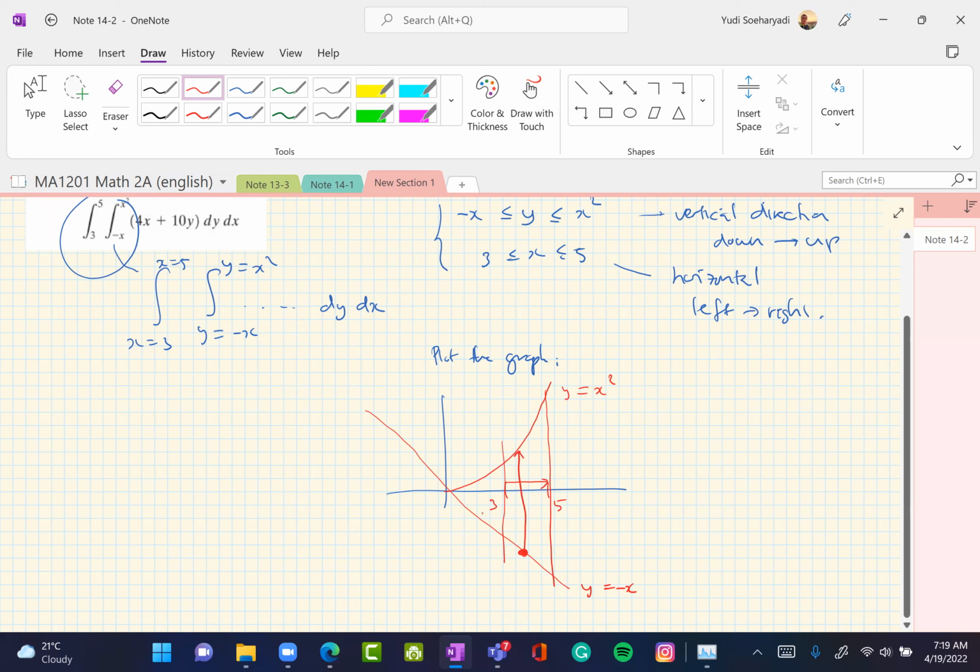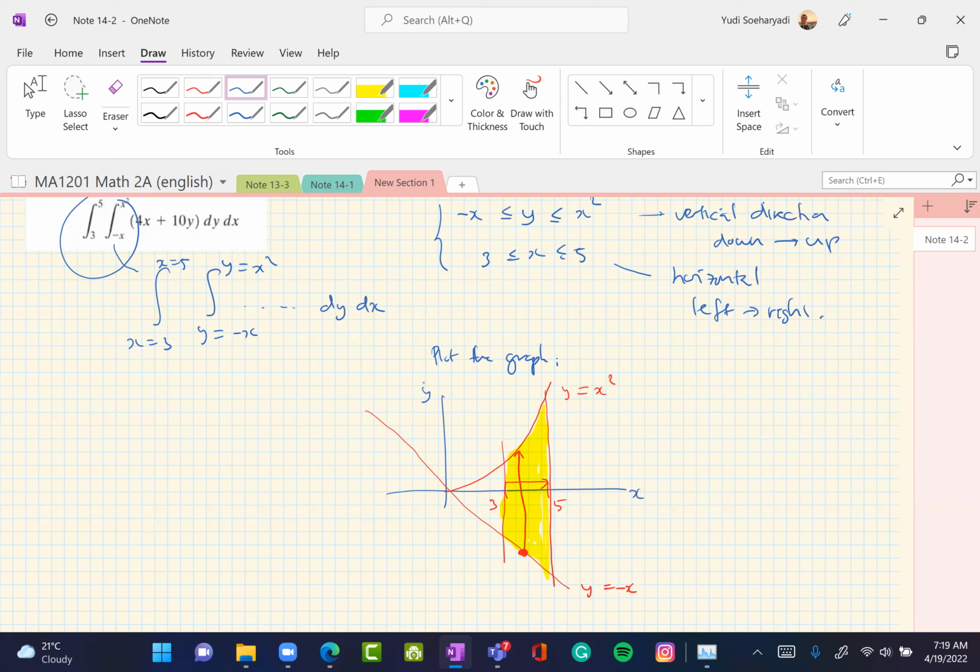Okay. So we have this area now. It's the domain of integration. So that's how you're able to recognize the domain of integration.